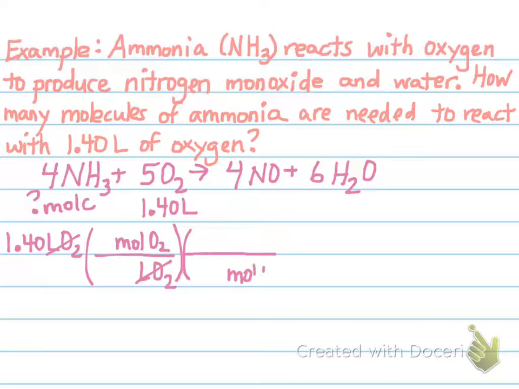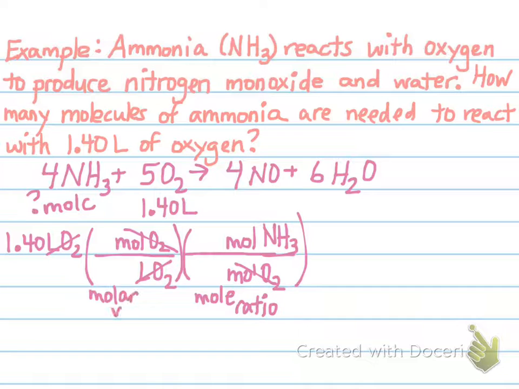Now I can go from one substance to another, so I'm going to go from moles of oxygen to moles of ammonia. That's my mole ratio. And this was my molar volume. Now I'm in moles of ammonia.